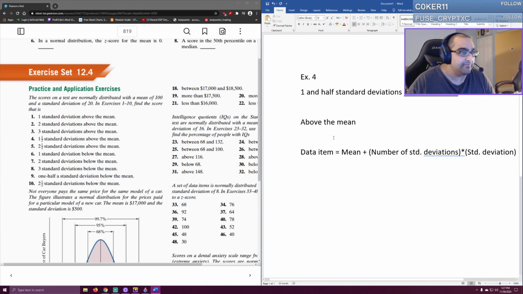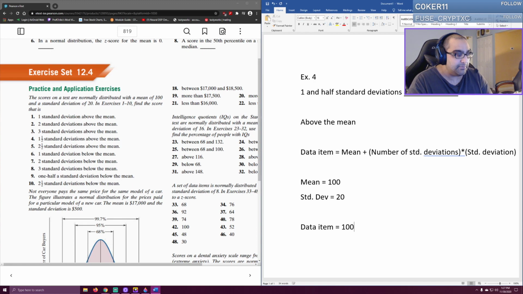So in our case, for the problem in front of us, we are given a mean of 100, so the mean is equal to 100. And our standard deviation, according to the problem, is equal to 20. Again, these are just random numbers; they can literally be anything. So if I want the data item, it's pretty simple.